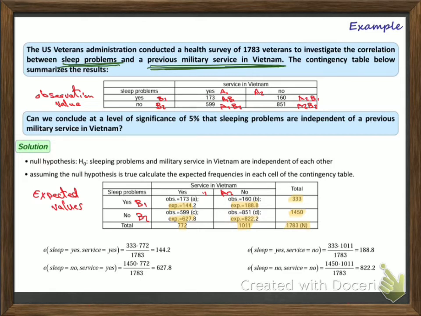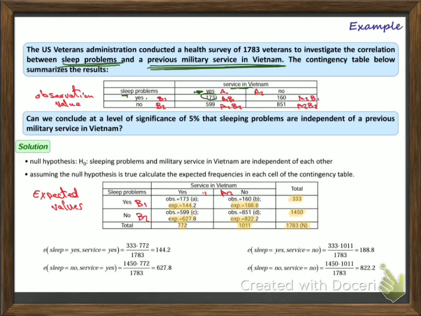Okay, the contingency table below summarizes the results. So we have here the service in Vietnam, whether the soldier has served there, yes or no. So if the soldier has served in Vietnam, yes, and he has a sleeping problem, yes, the number in our sample is 173, okay?